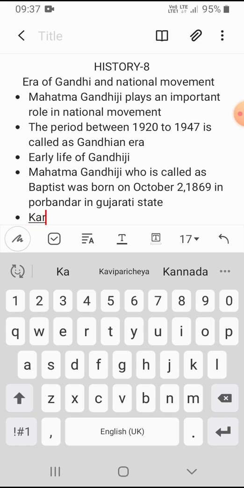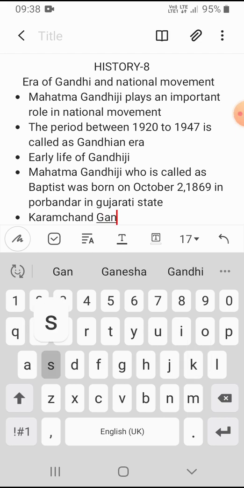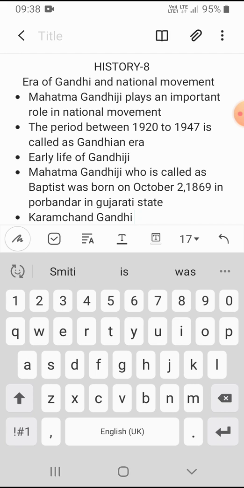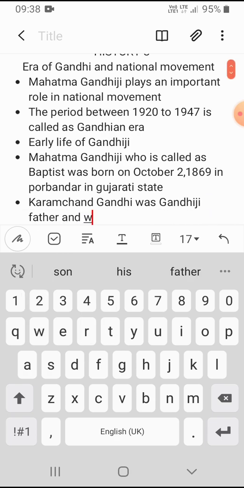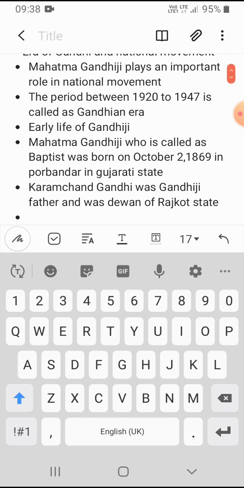His father Karamchand Gandhi was the Diwan of Rajkot state.